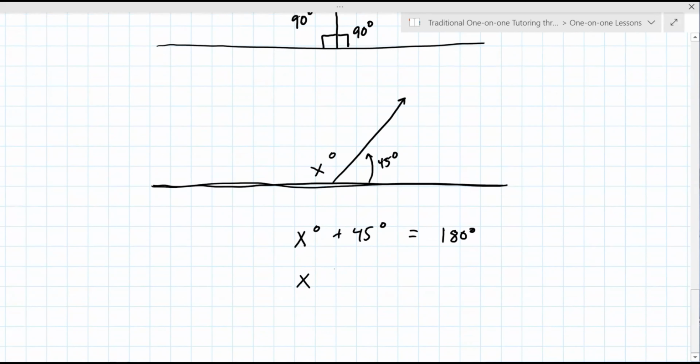So to solve this equation, you drop the degrees and you subtract 45 from both sides. What is 180 minus 45, Sourish? You are welcome to use a calculator if you think it will help. 135. All right, very good.